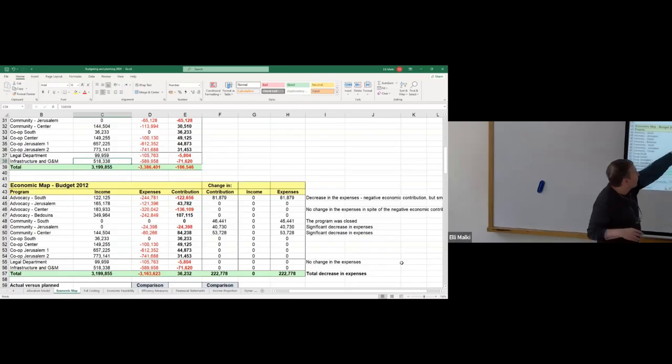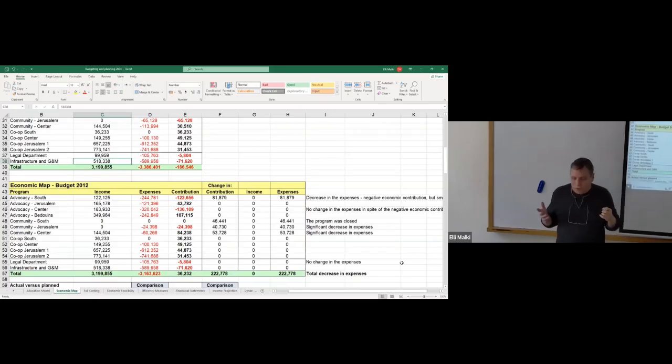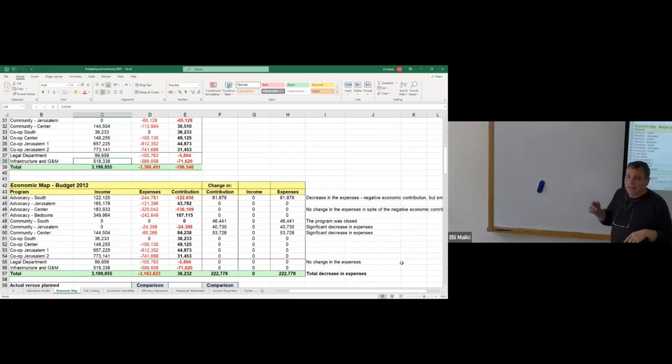The numbers here are different from the numbers there, but we don't see explicitly what the difference is. So in order to do that, we add another component to our economic map, these three columns, which reflect the changes. As you can see, there are three columns: change in contribution, change in income, and change in expenses.